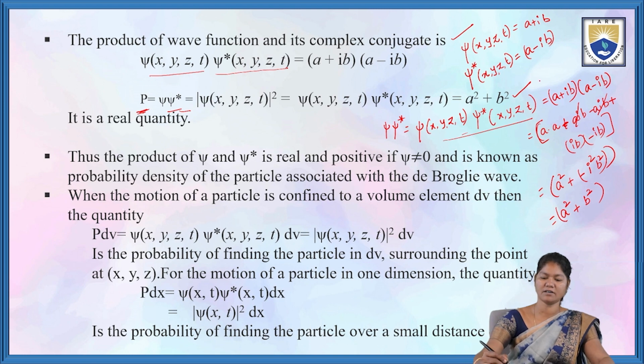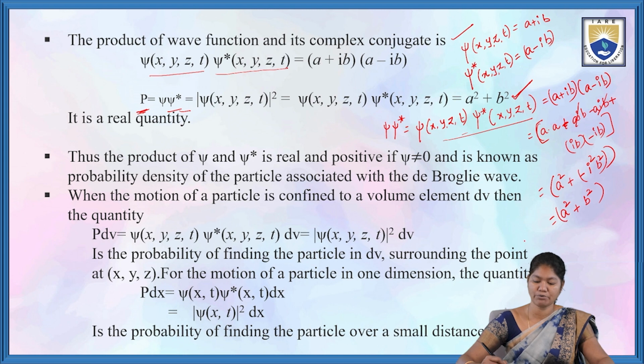So we get a square plus b square, which is the value of probability density P.